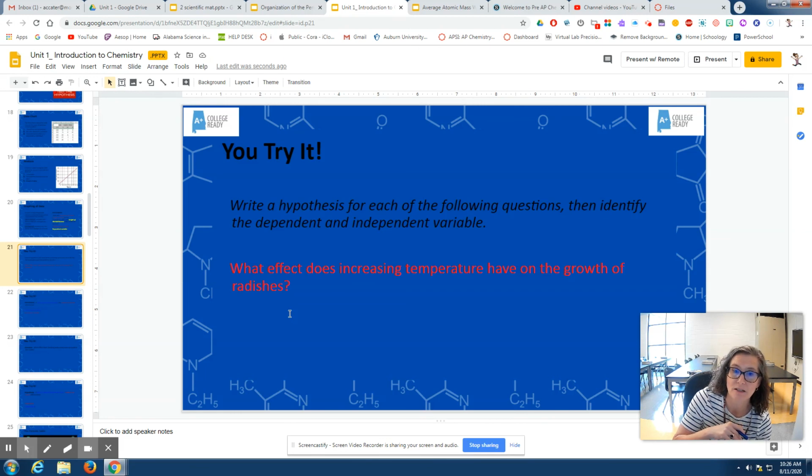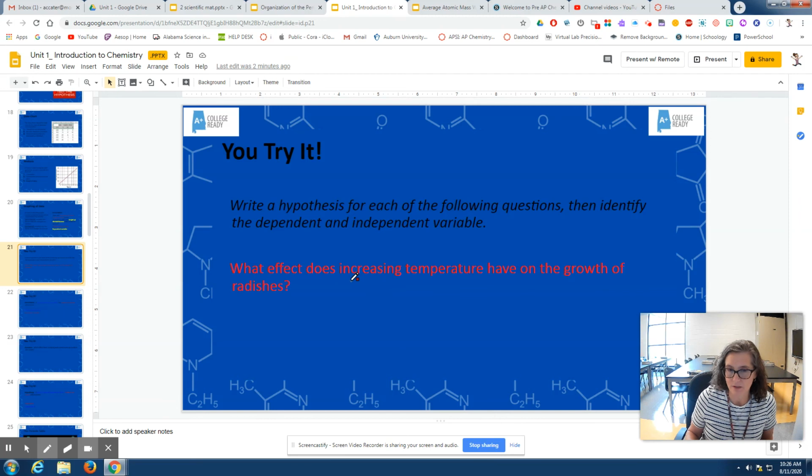So what effect does increasing the temperature have on the growth of radishes? So what would be our independent variable? Let's see, we will circle our independent variable in red, and we'll do our dependent variable in yellow.